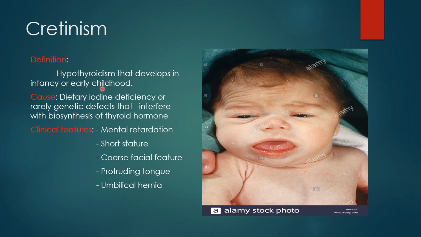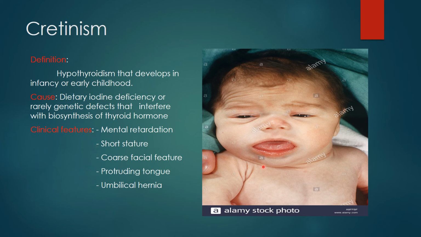Whenever there is impaired development of the skeletal system and central nervous system due to deficiency of T3, T4, it causes a disease called cretinism. And the children with this disease present as mentally retarded.